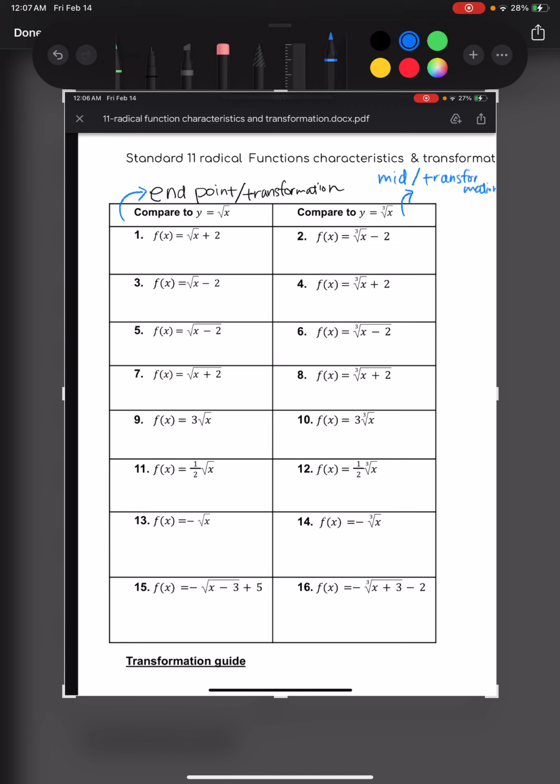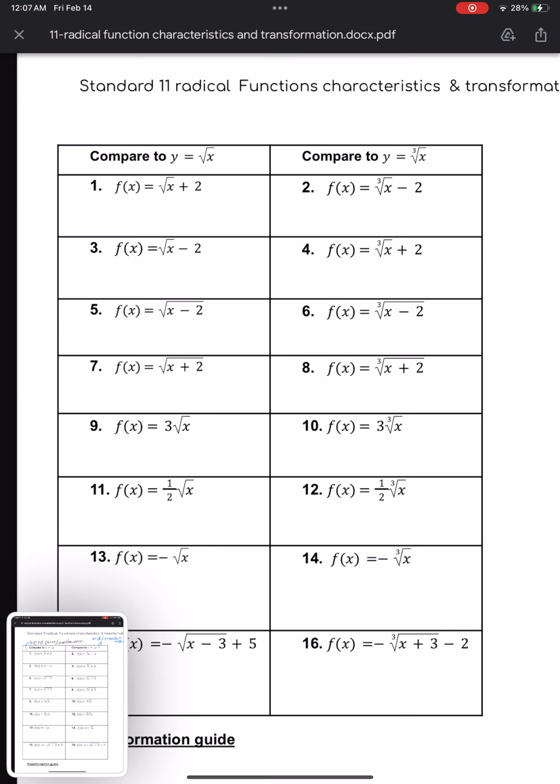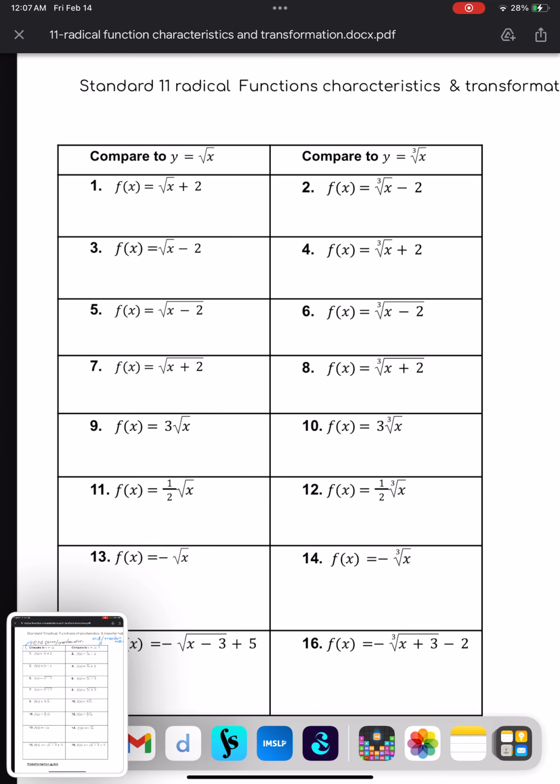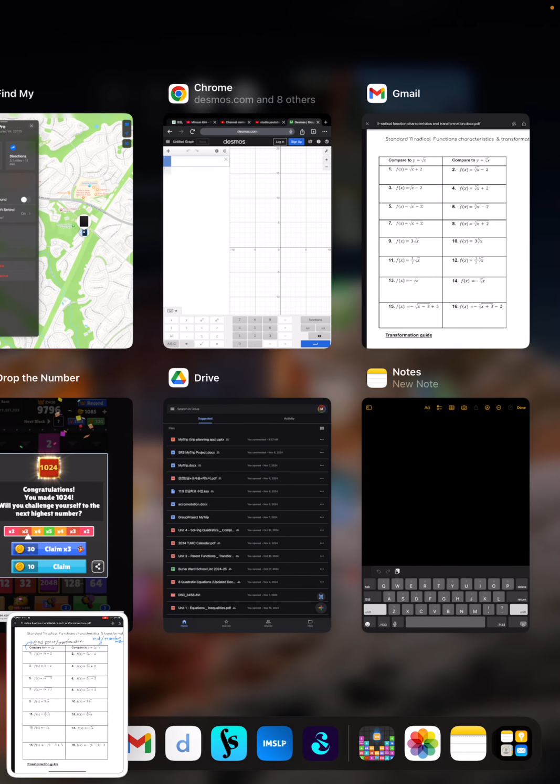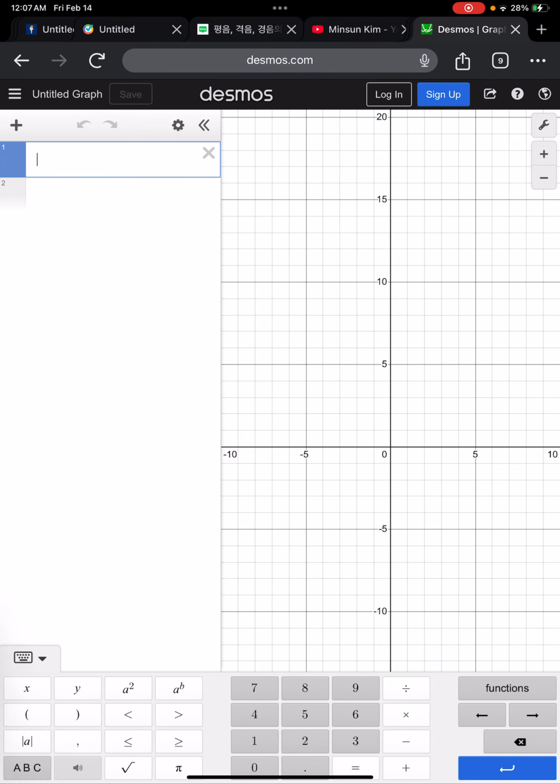So I'll do the first example. Open up your laptop and bring up your Desmos. First type in your parent function, square root of x.